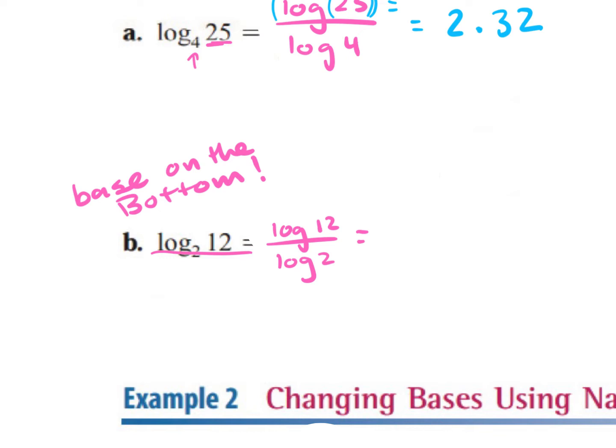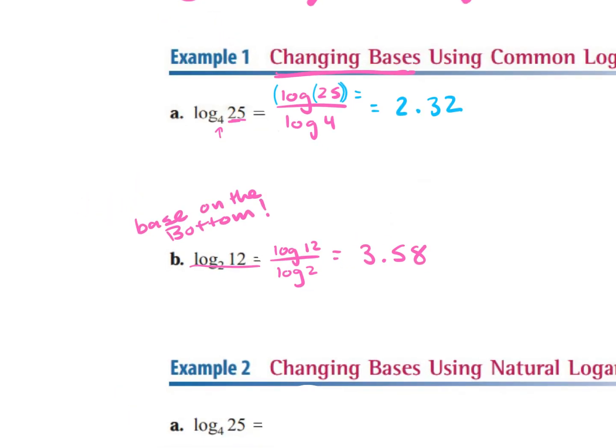You can't just divide 12 and 2 and put log of 6. It does not work that way. You have to do log of 12 divided by log of 2. So when we put it in the calculator, we get 3.58. So make sure you are practicing putting these in the calculator and you know how to use your calculator.